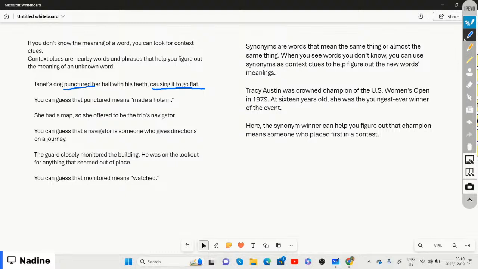And the guard closely monitored the building. He was on the lookout for anything that seemed out of place.